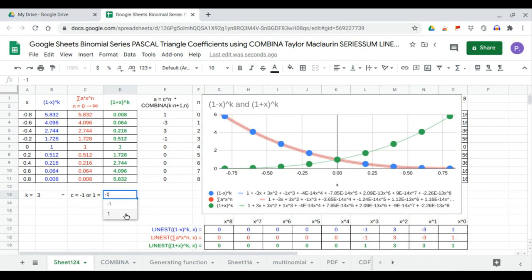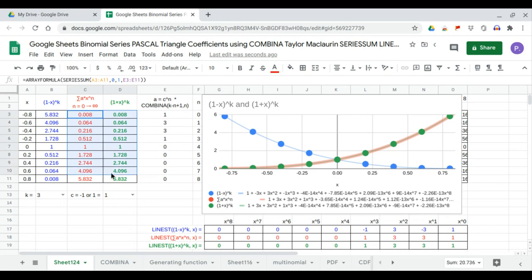If c equals positive 1, the datasets of the Taylor-Maclaurin series expansion is the same as the green, which is 1 plus x to the power k. And the red line is on the green, and the Pascal triangle coefficients of the expansion is the same as the 1 plus x to the power k.